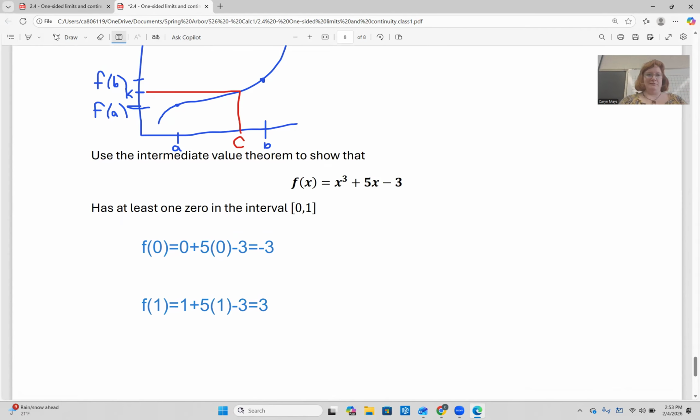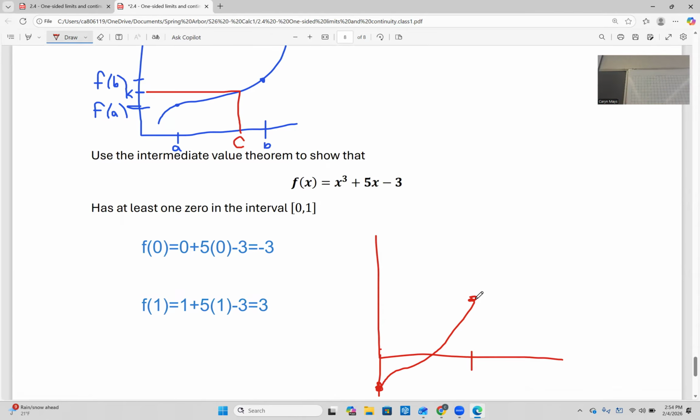What this is saying is this function, I don't quite know what it does, except I do know at x equals 0, I hit negative 3, and at x equals 1, I hit positive 3. Somewhere between, I cross the x-axis.